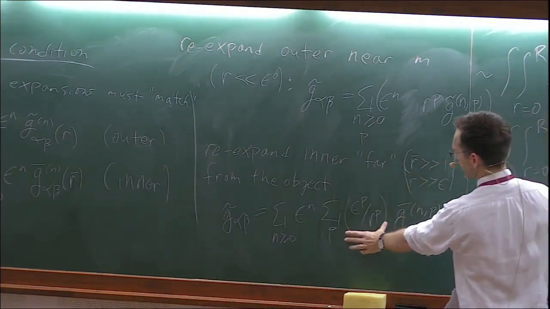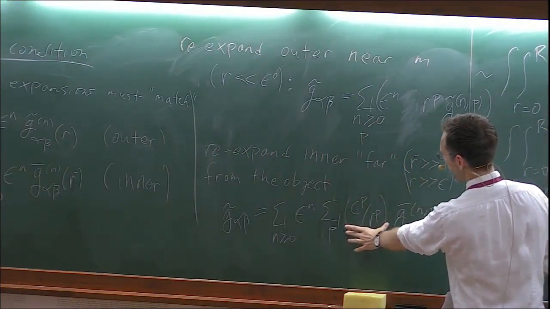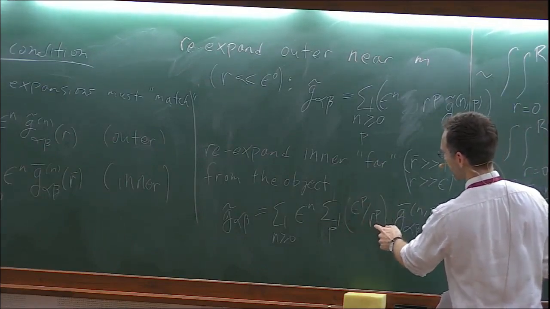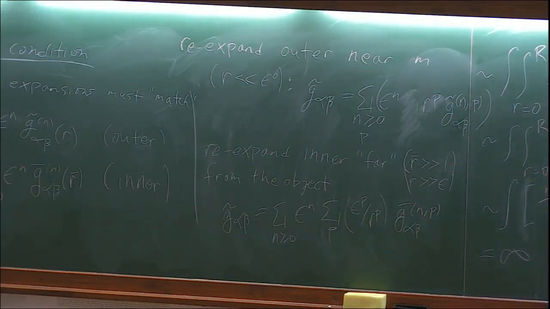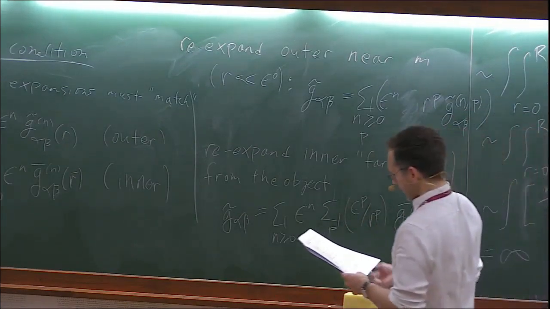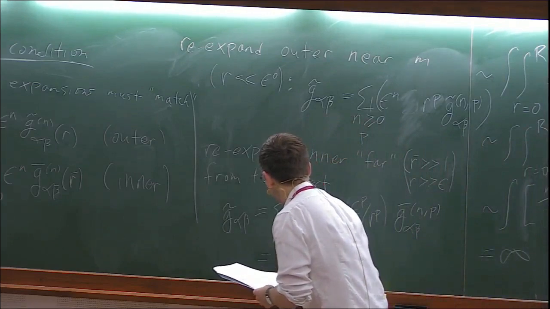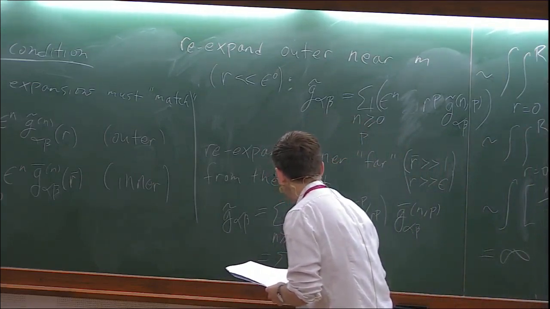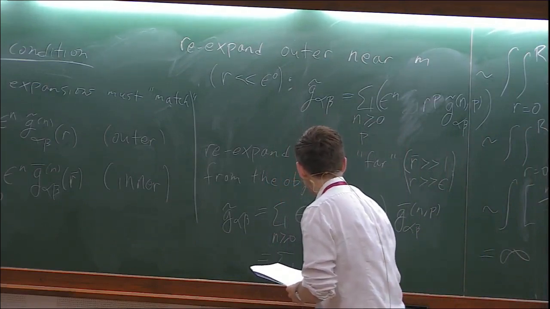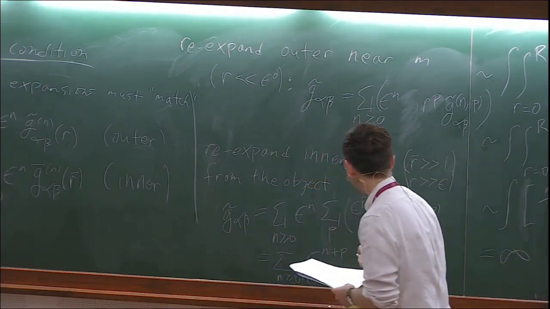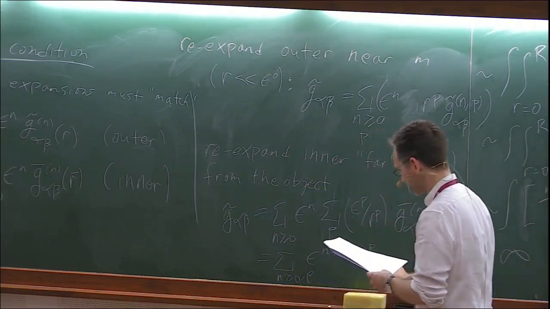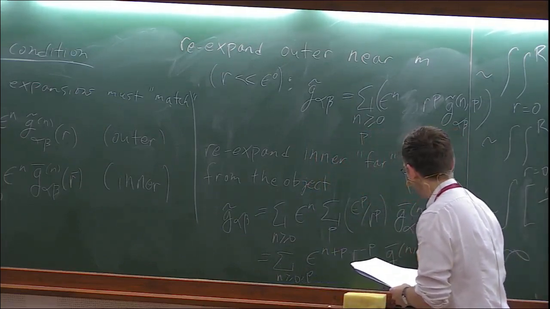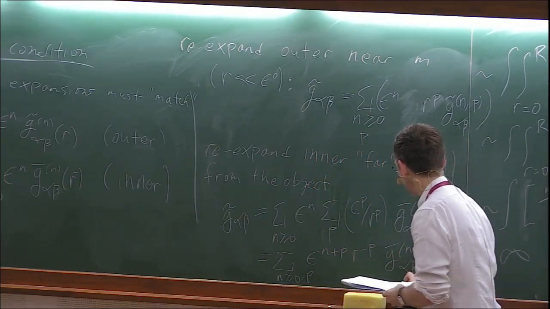So now my small quantity here is 1 over r bar to the p, which is just epsilon to the p over r to the p. So in this case, we now have epsilon to the n plus p, r to the minus p, g bar n p alpha beta.